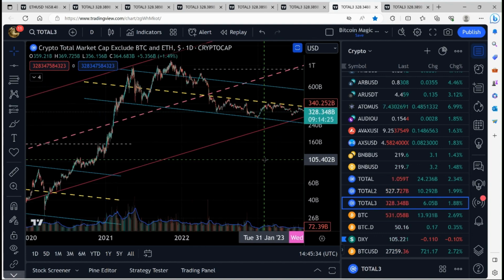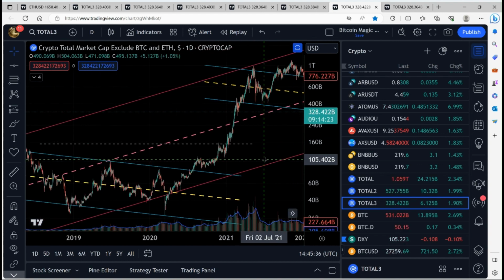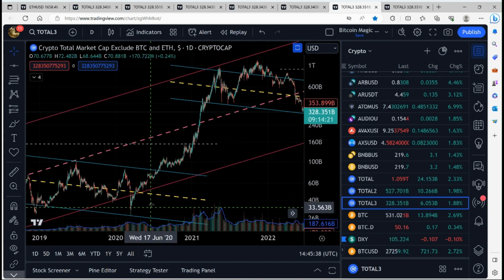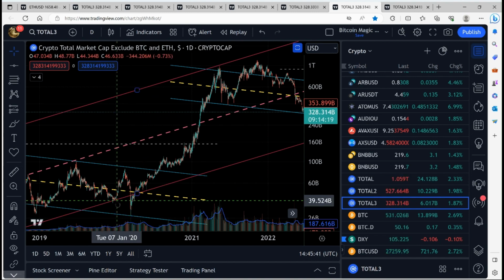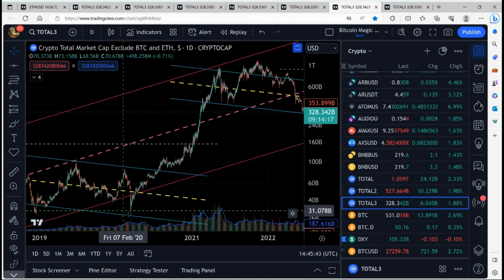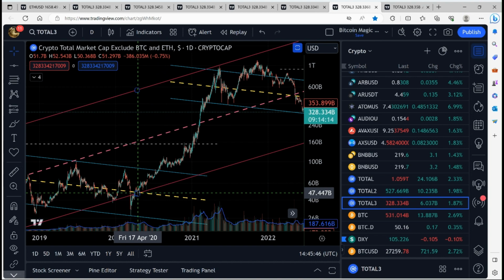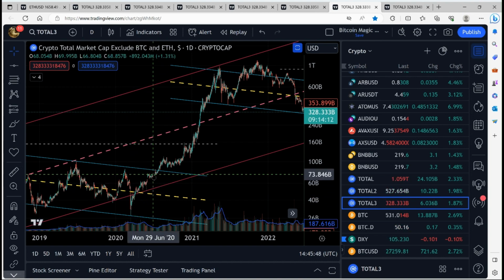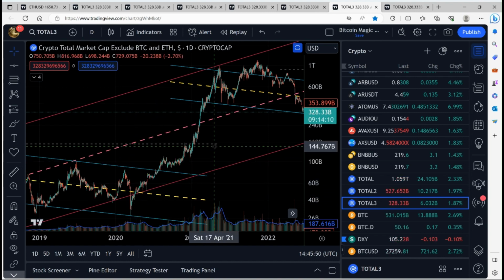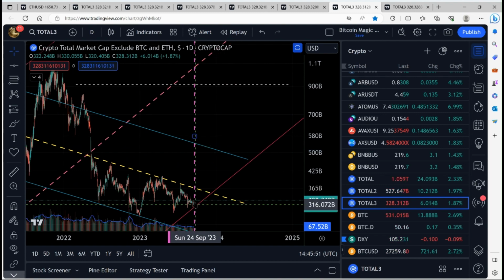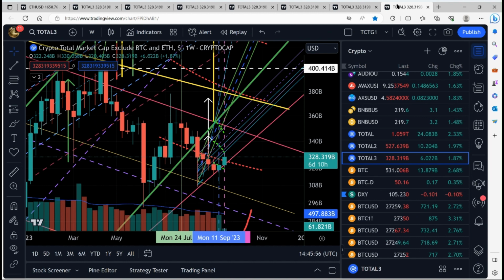So what I expect to see, if you subtract the COVID part out of here, is this. And let's look at the Total3 on a different time frame.